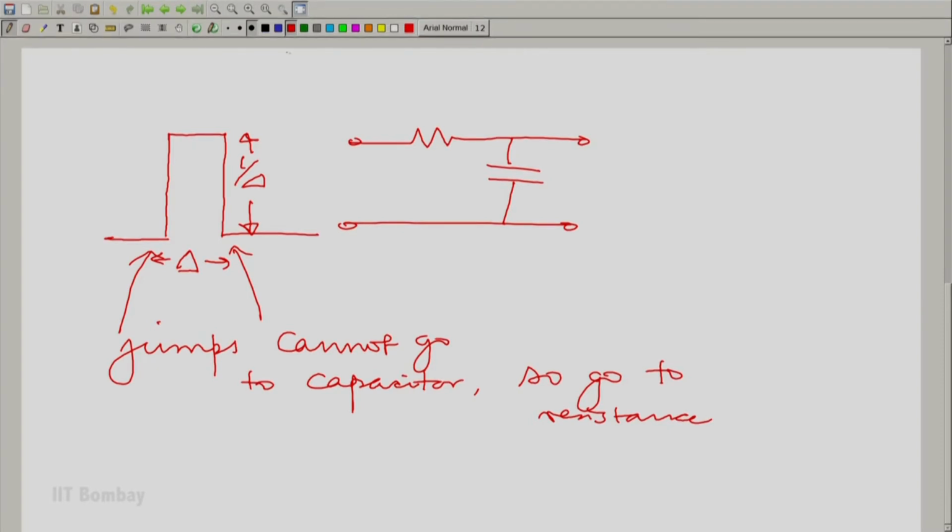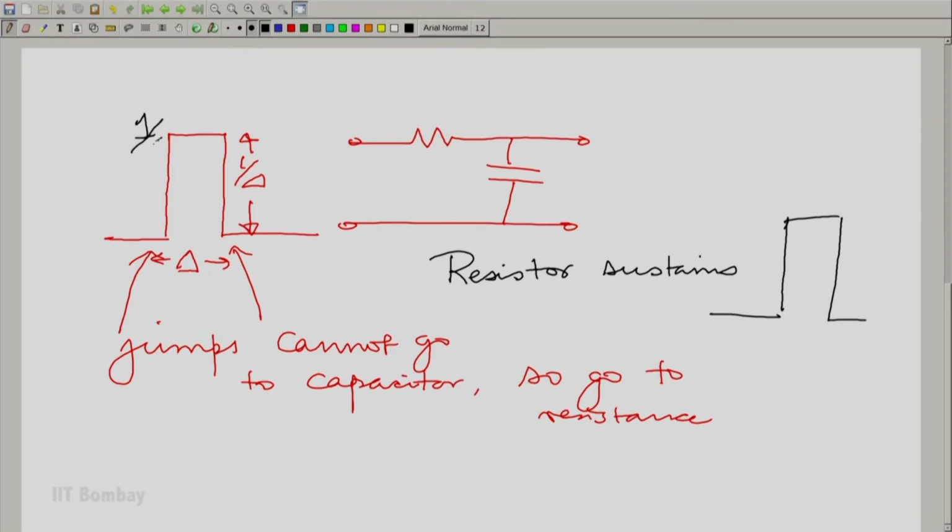That means what appears across the resistance is that same pulse going towards an impulse. So, the resistor sustains this whole thing. Remember, there is a 1 by delta sitting here, with a width of delta, this is the voltage sustained across the resistance.